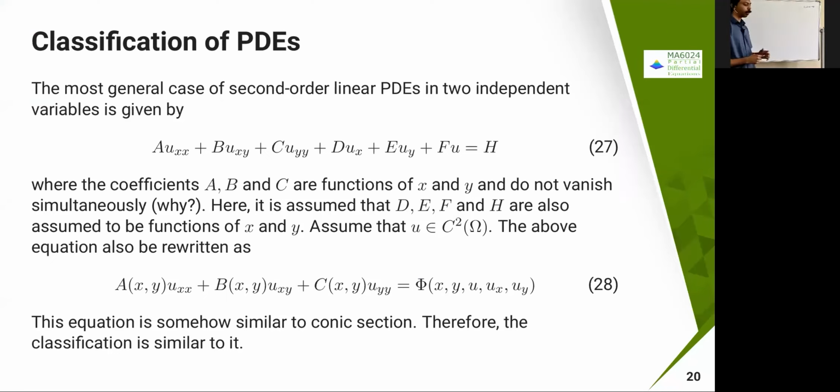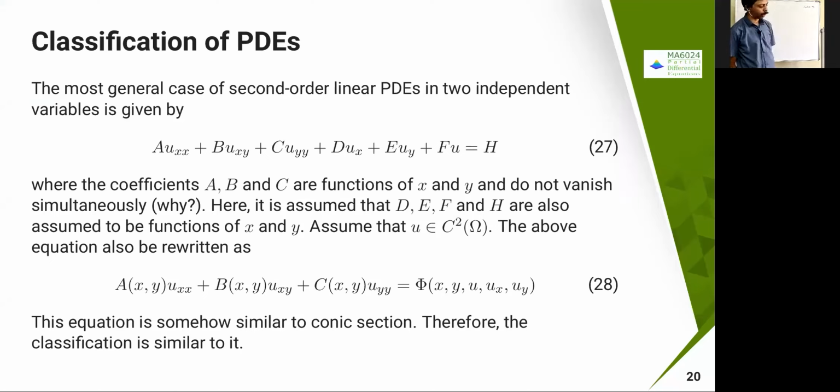Okay? Already we have seen in the first order PDE, we have classified as linear, semi-linear, quasi-linear, almost linear, fully non-linear, homogeneous, non-homogeneous this way. Now here in second order linear PDEs, we are going to classify.